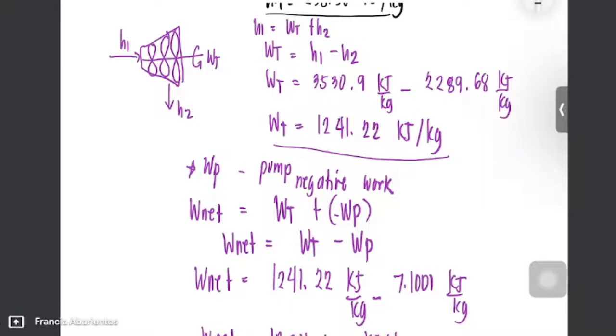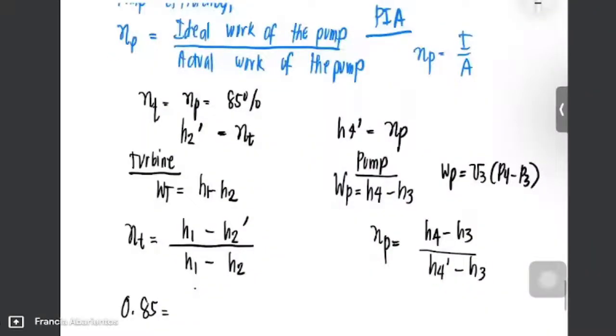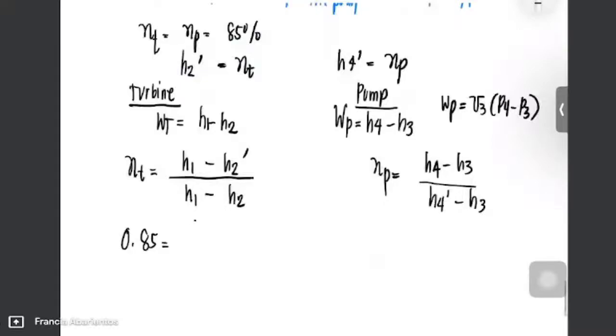Gamitin na natin to. 1241.22. Baka tanongin niyo ako kung saan ko yung kinuha. H1 natin, 3530.9.